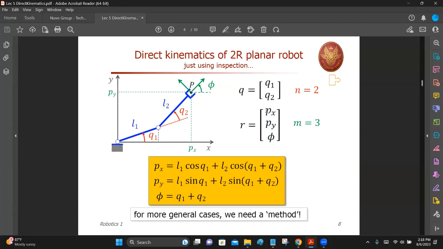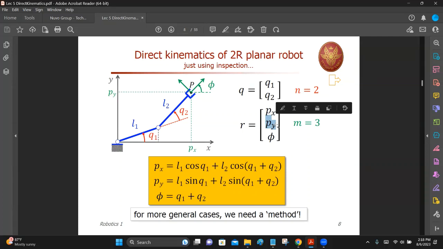Or you can have arbitrary px and phi, but then py is already decided. You don't have any control over py. So out of the 3 variables that you use to define the manipulator in Cartesian space, you only have good control over 2 of them.